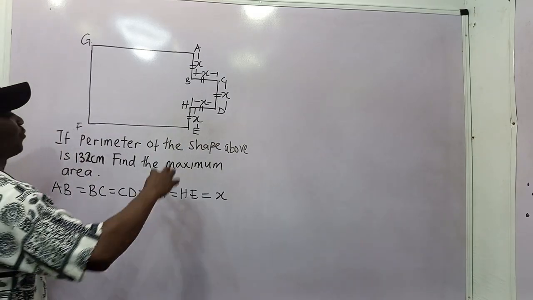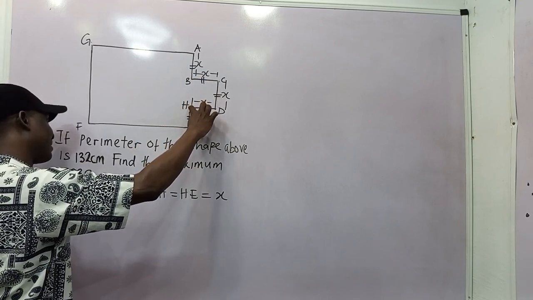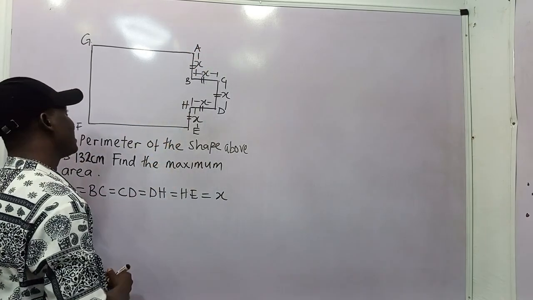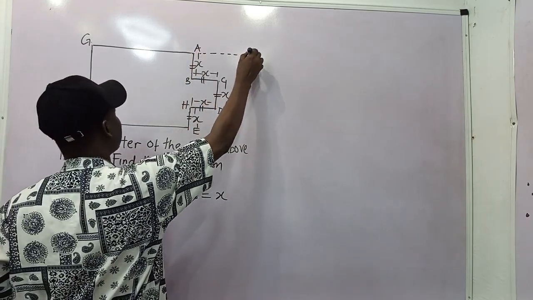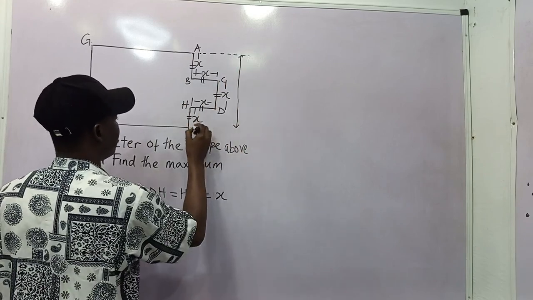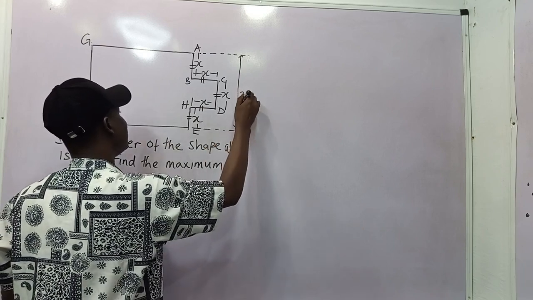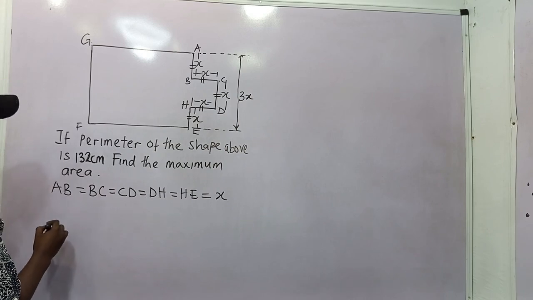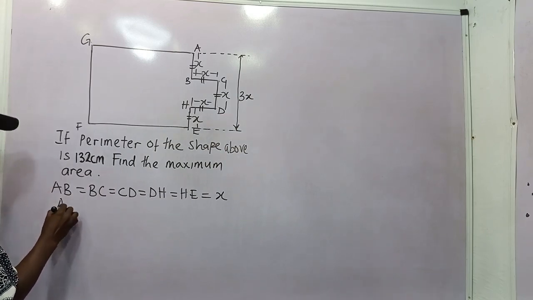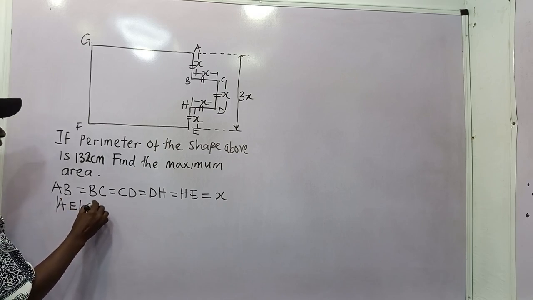Now, if you look from here to this place is X, from here to here is X, and from here to here is X. That means if I extend this from here to this place, it is 3x. So AE in terms of length is equal to what?